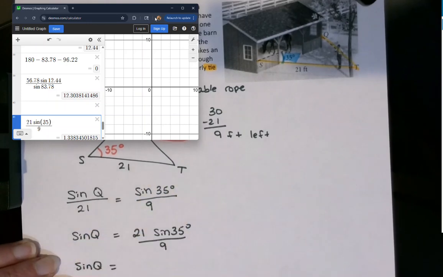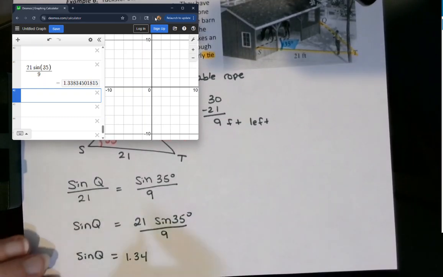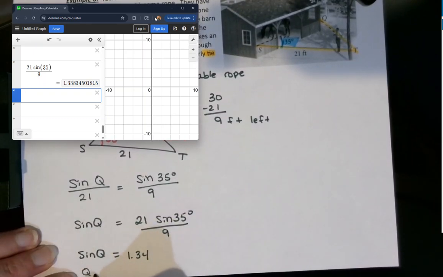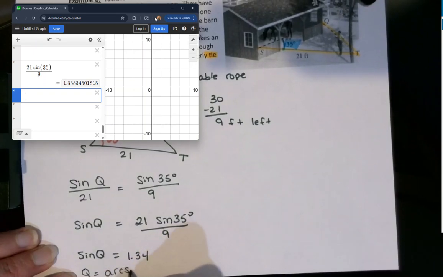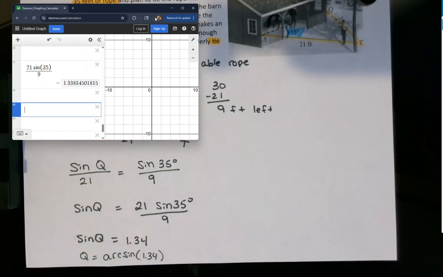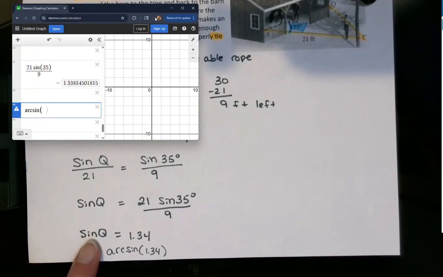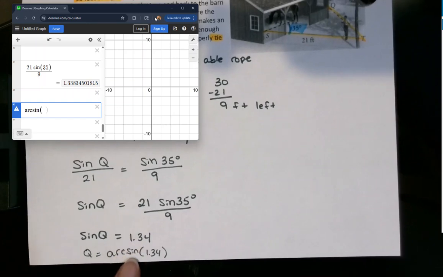Sine of Q is going to be equal to 1.34. If I attempt to solve for Q, I'm going to need to do the arcsine of 1.34. And it's going to be undefined, and I can already tell that because I know that the range of sine only outputs values between -1 and 1, and therefore arcsine can only take in values between -1 and 1. So this value is too large, so it's undefined.